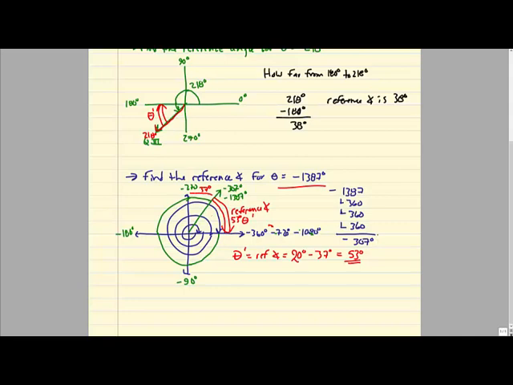We want to subtract 360s until I get something less than 360, and then rotate that around, figure out which quadrant I'm in, and then go ahead and draw the terminal side, and then see how far it is from the terminal side to the nearest horizontal axis. So again, our reference angle would be 53 degrees.